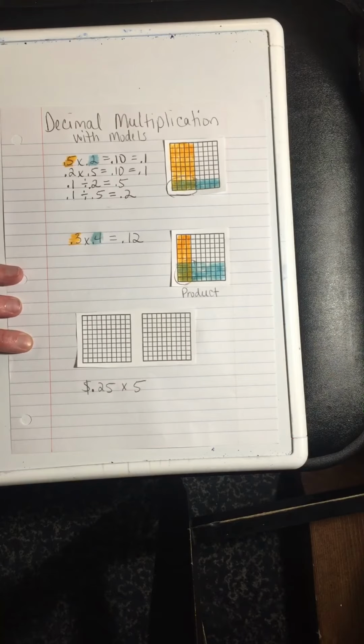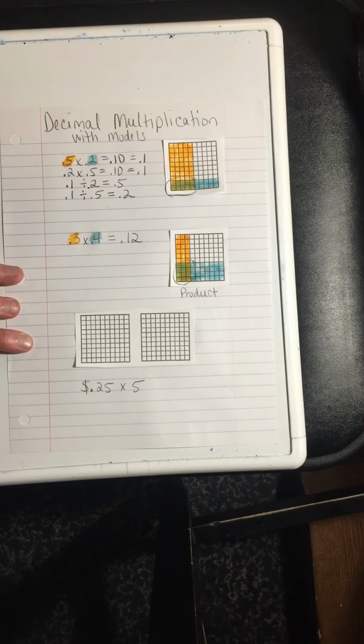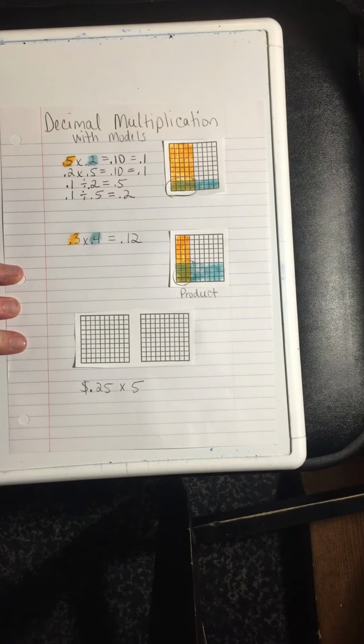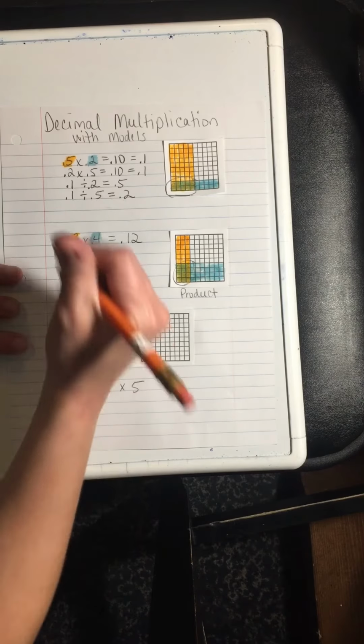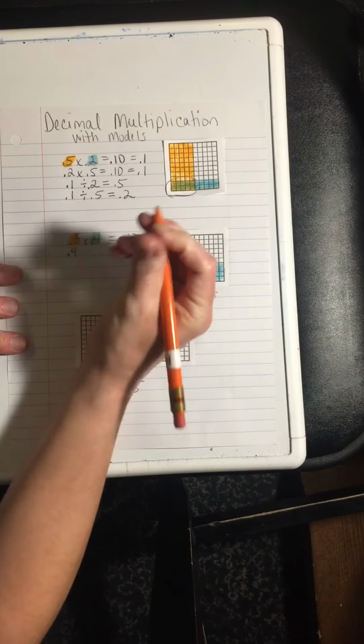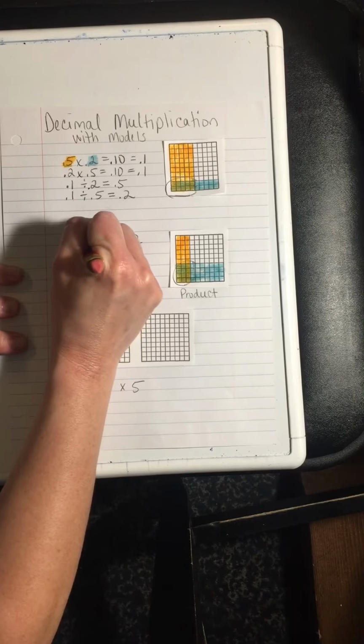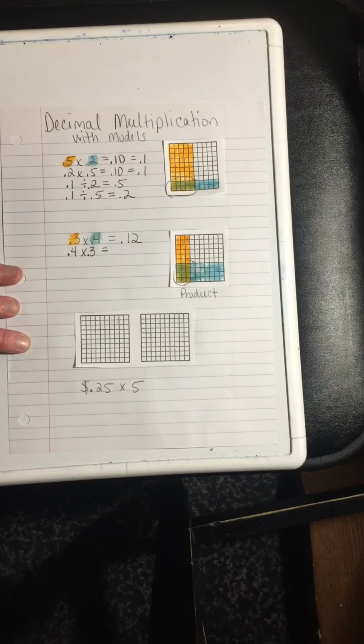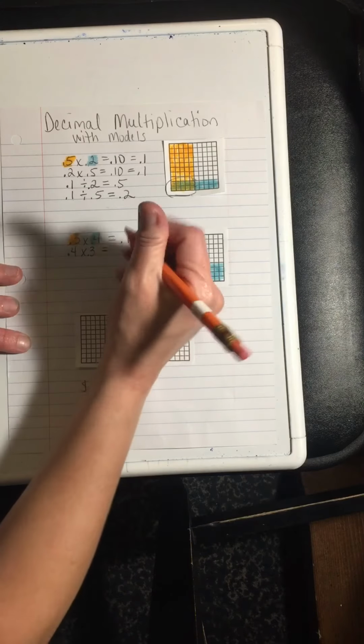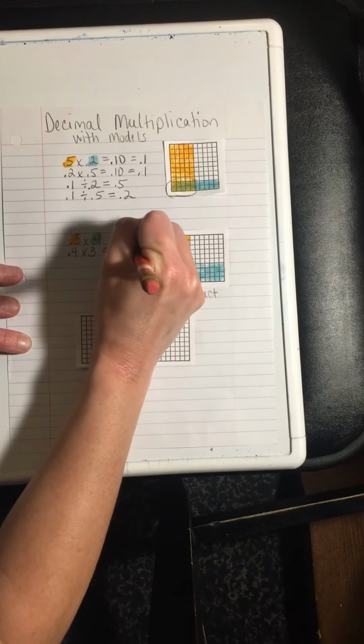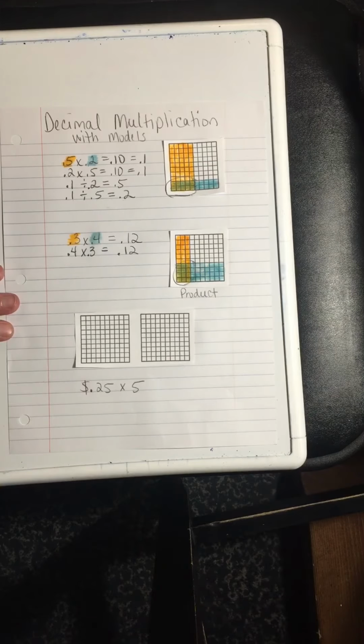If we were talking money, that would be 12 pennies, or a dime and 2 pennies. Then let's talk through our fact family here. So we have 4/10 times 3/10. All we've done is flip those numbers around. It doesn't matter in what order we multiply them, we still get the same answer.